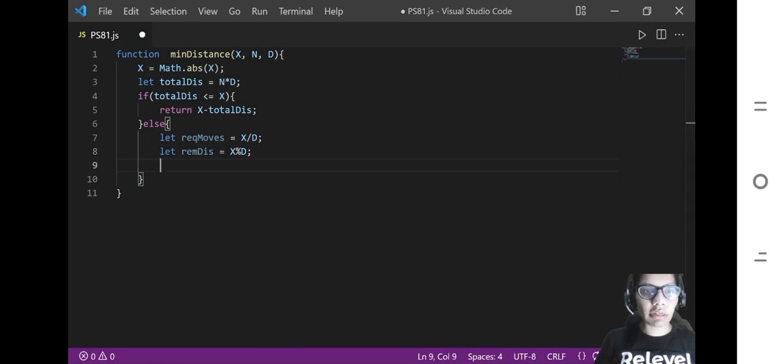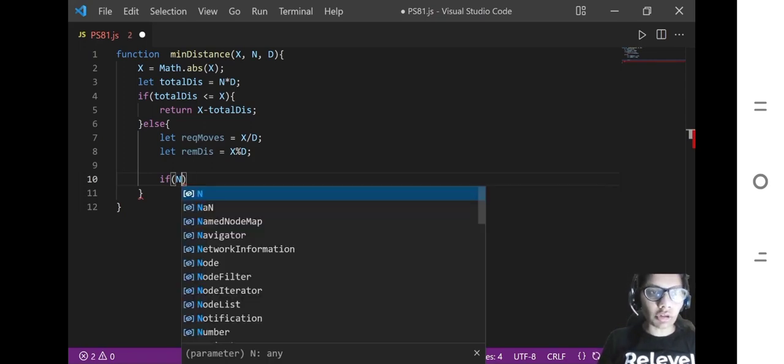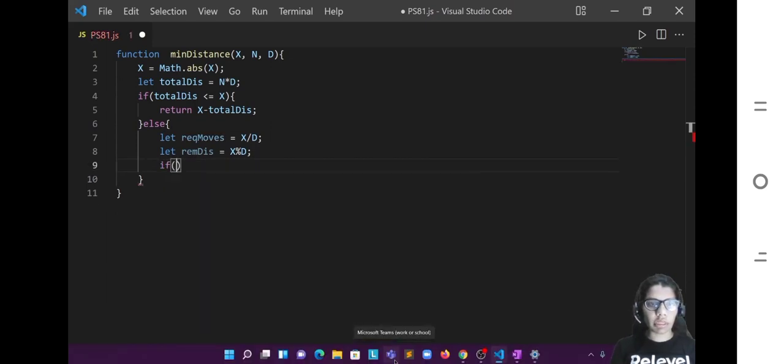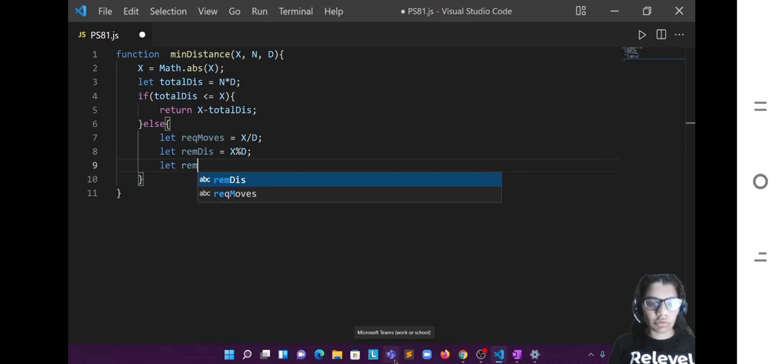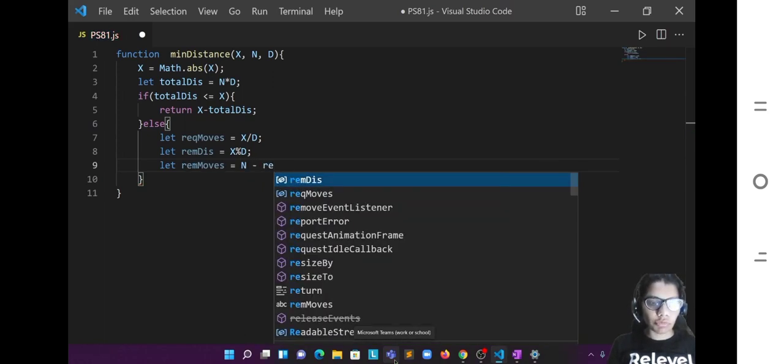It would give you the remaining distance. So we can check your remaining moves, that is total moves n minus your required moves.